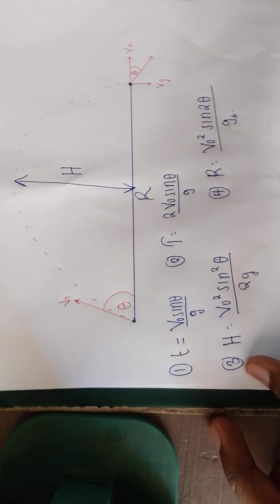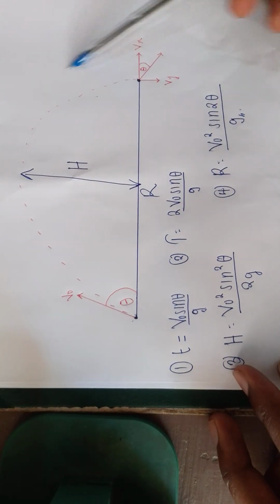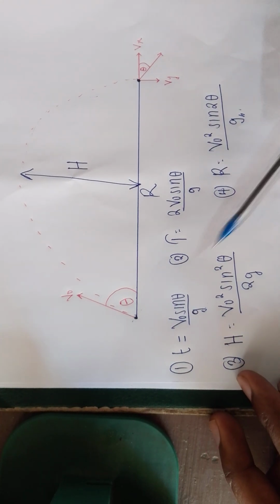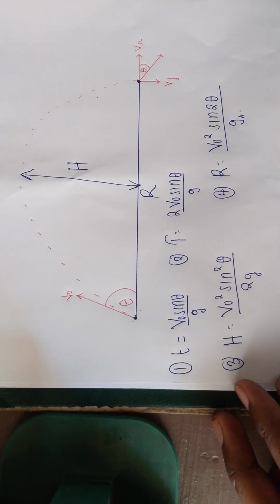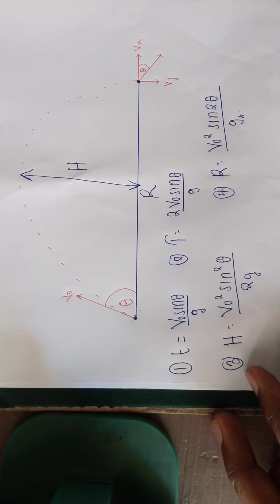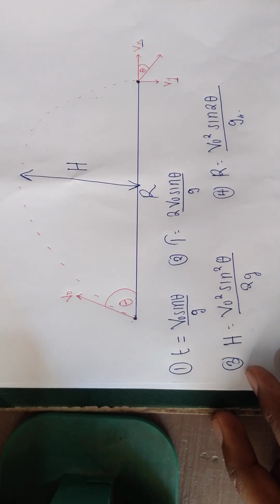So these are the equations that we looked at under this type of setup. Whenever they ask you for the time of flight, time taken to reach maximum height, maximum height, or horizontal range, these are the formulas you're supposed to know.